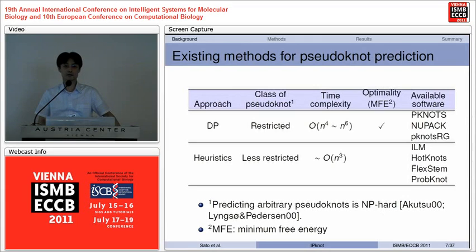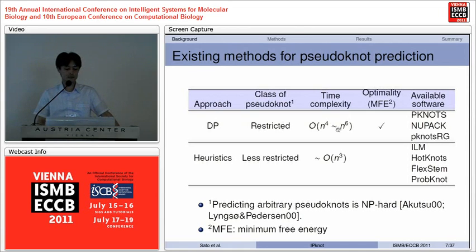For a sequence of length n, the time complexity of DP-based methods is proportional to n to the 4th power to n to the 6th power, depending on predictable classes of pseudoknots.